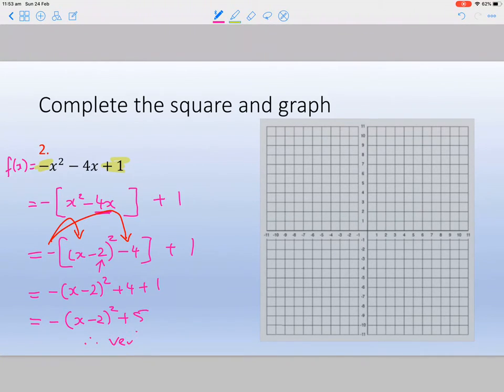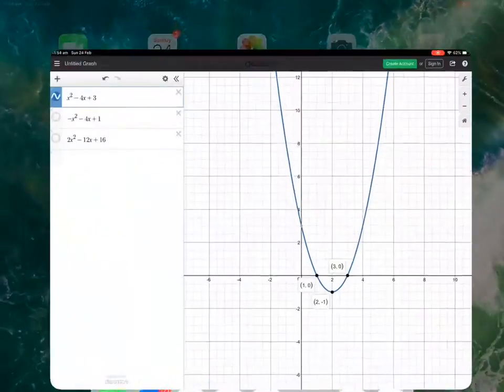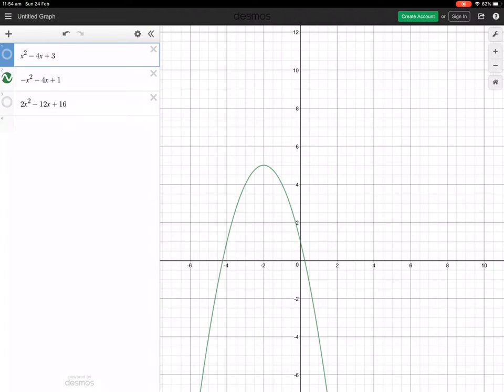All right. Now we know the vertex. Therefore, vertex at 2, +5. Remember, it's always opposite that, and that's the case there. And then it's the same as that, and that's what we have there. Now let's check on Desmos if we've done it right. So we're looking for a vertex at 2, 5. So let's go there. And we've got a vertex at 2, +5.